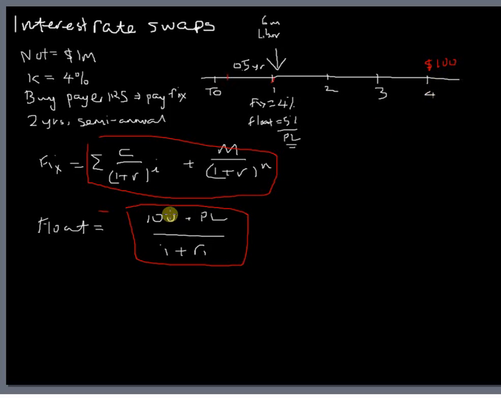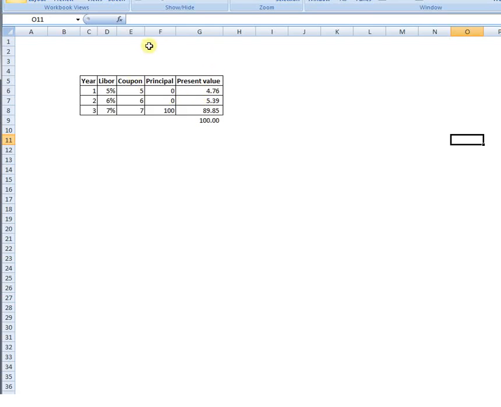For those who don't know why I've assumed 100 here, let me show you using Excel. In this example, it's a 3-year floating rate bond. Every year we receive LIBOR.